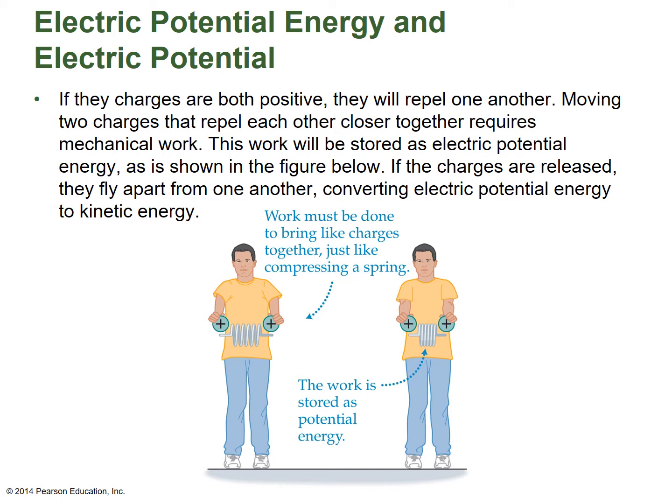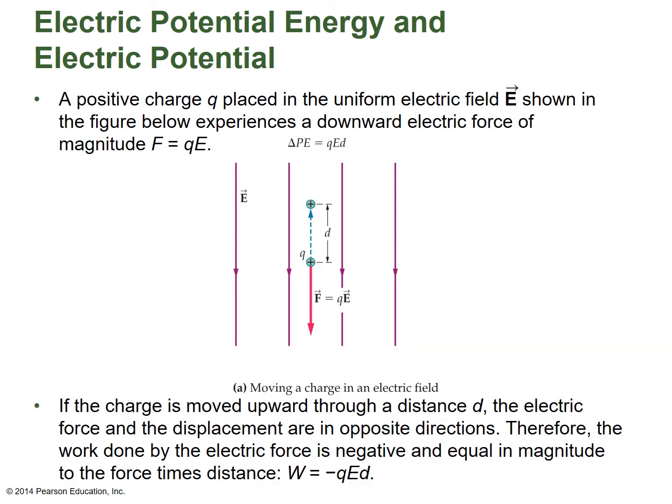When you compress a spring, you store potential energy in the spring. I hope this simple example will make it easier for you to understand the relationship between work done and the potential energy stored.